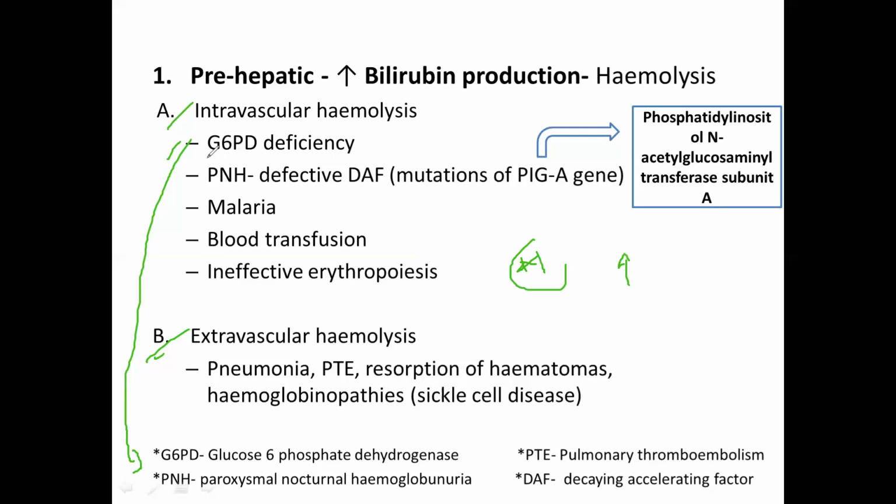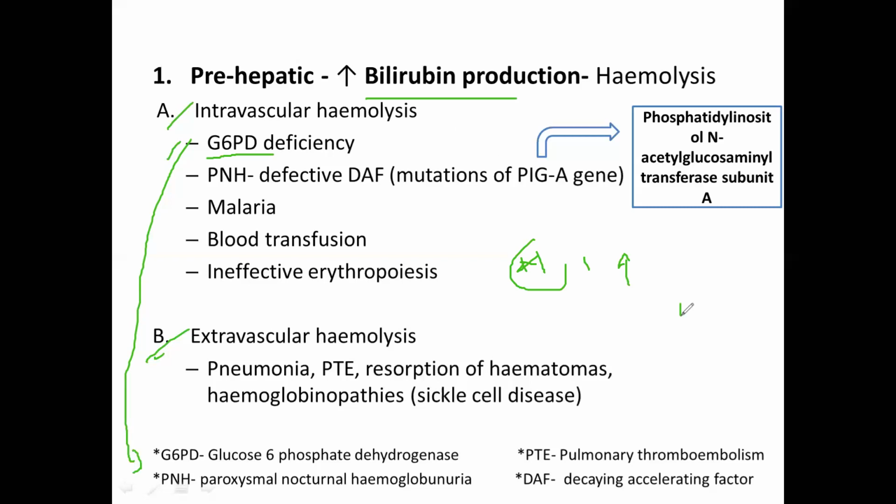So if a person has a deficiency of this G6PD enzyme, what will happen? Their RBCs are unable to tolerate oxidative stress, and if they cannot tolerate it, they will undergo destruction, and that will again cause bilirubin production.